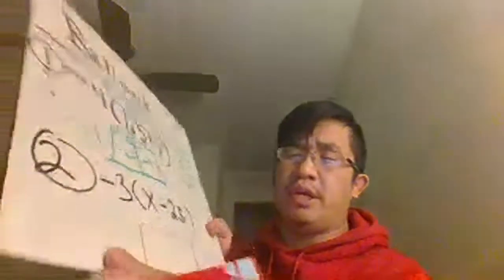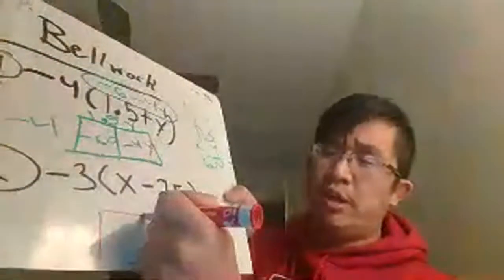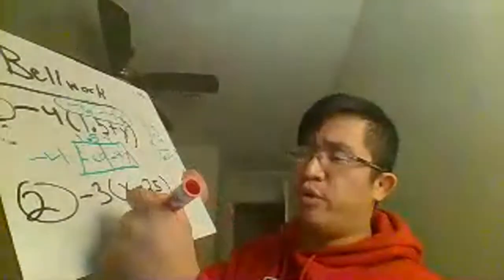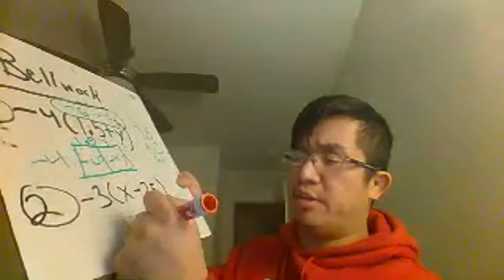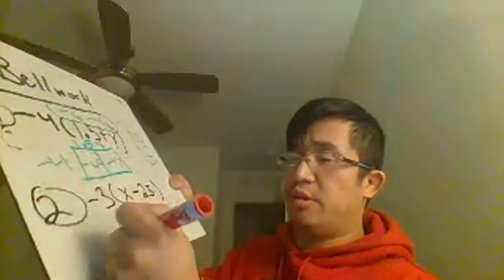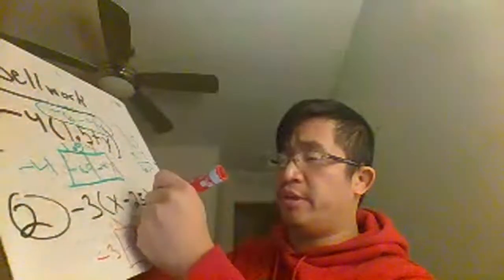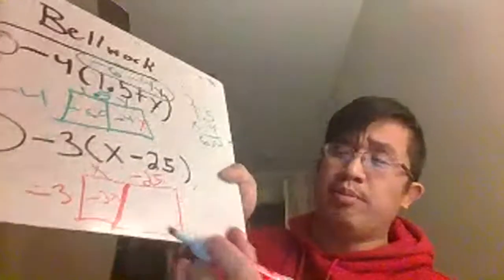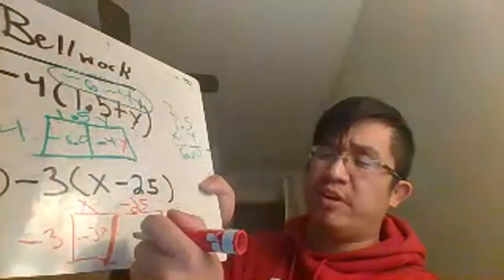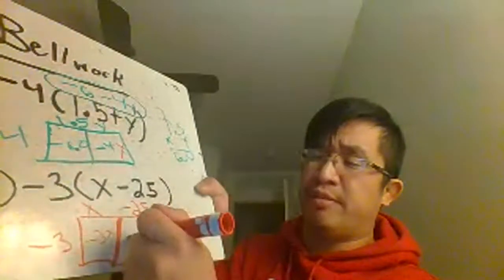All right, so if we multiply this out, the one in red, we should get -3x and -25. When we multiply this out, 3 times 25 gets us positive 75.